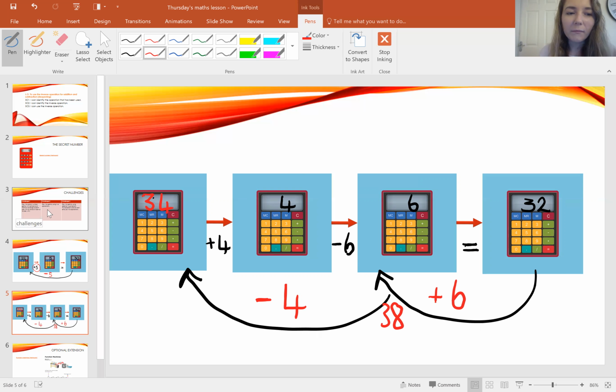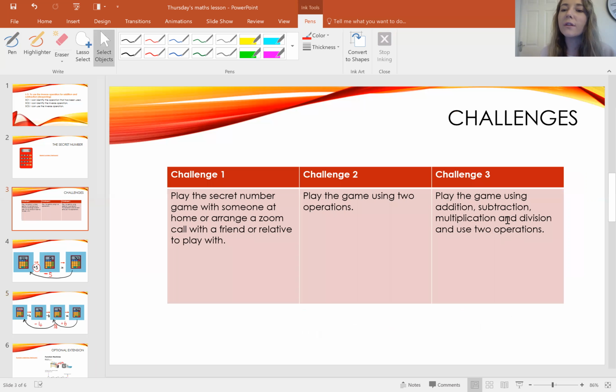If you'd like to have a go at challenge 3, you're going to play the game using addition, subtraction, multiplication, and division. So remember that addition and subtraction are inverse, but multiplication and division are also inverse.